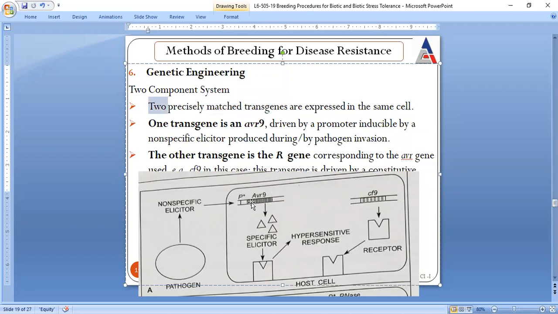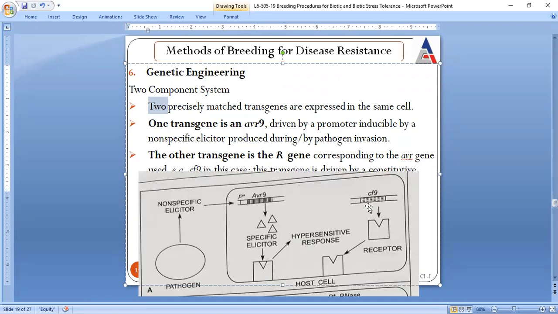One is this transgene, and this transgene is matched with this transgene, that will produce a quick hypersensitive response and will lead to the death of the host cell, right? This is clear. Two component system, that means here two transgenes. This is the host cell. This is a pathogen that is responsible for causing disease to this host.